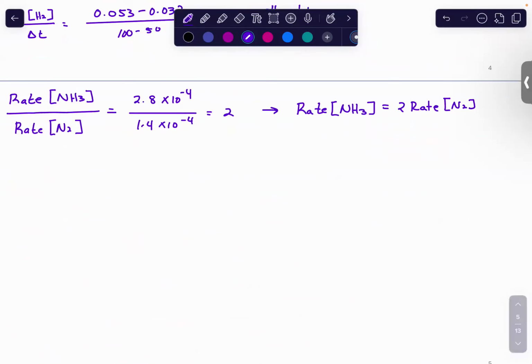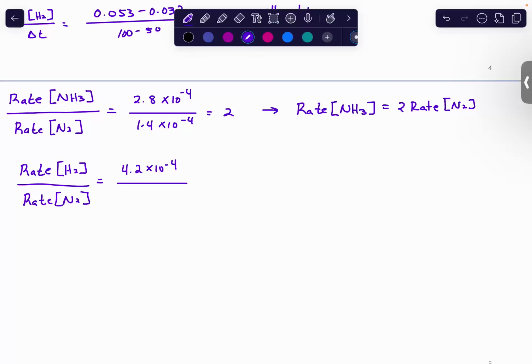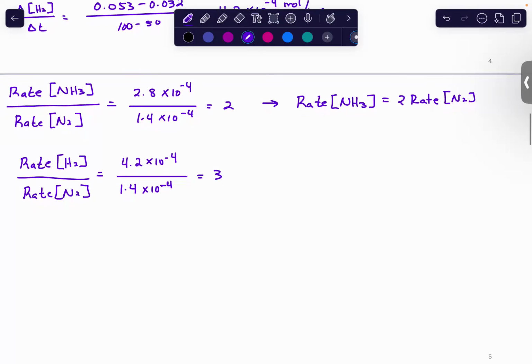Okay, so the rate of H2 to the rate of N2 gives us the value of 3.